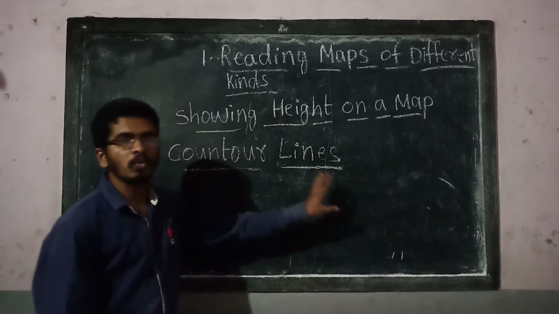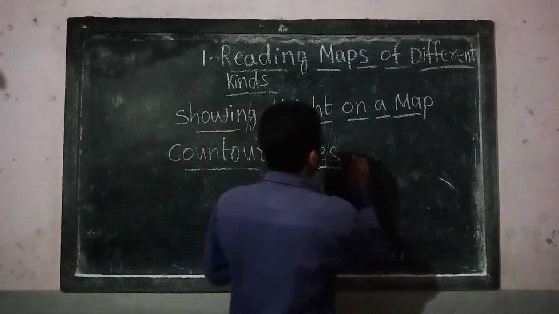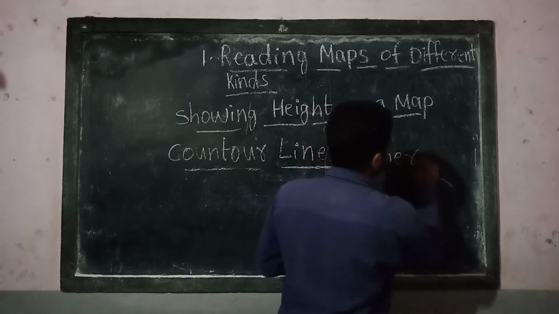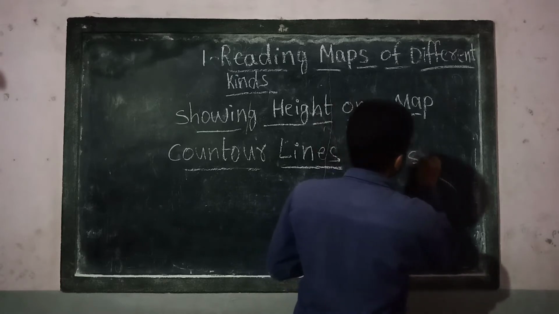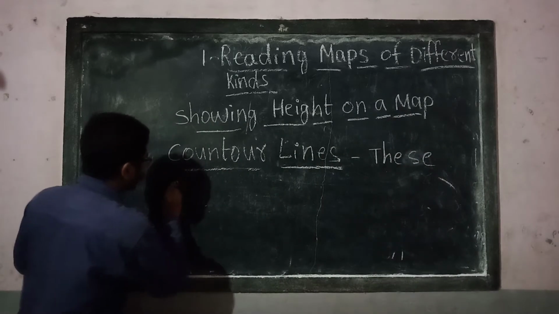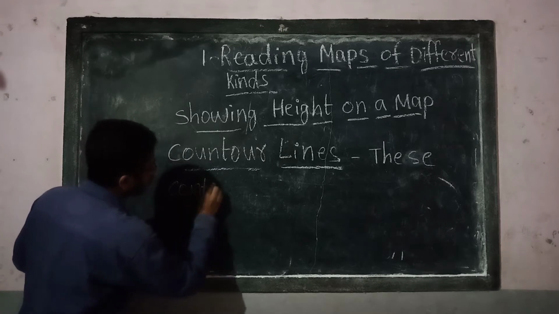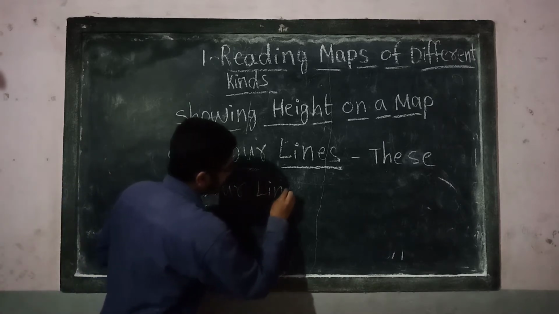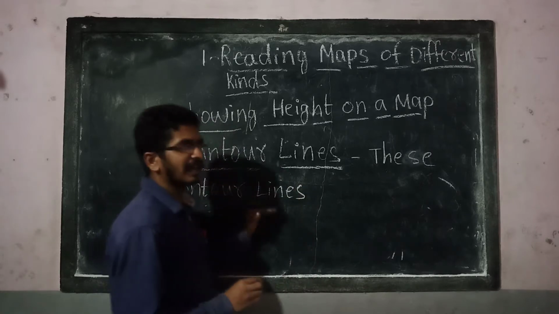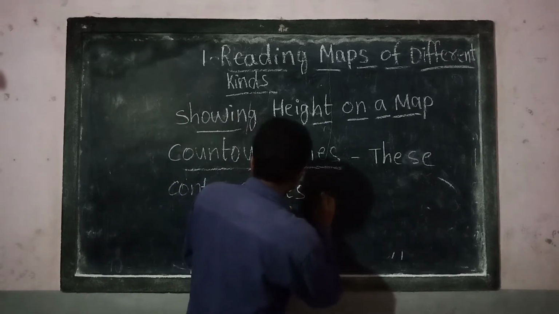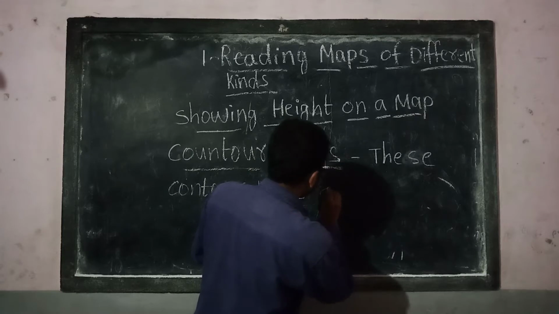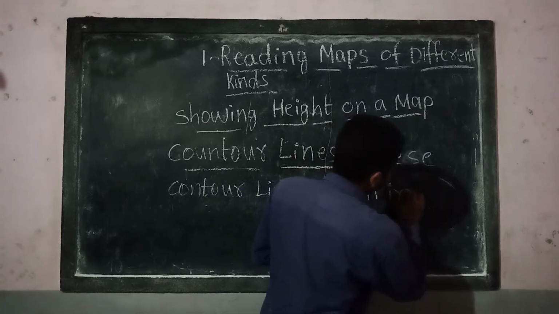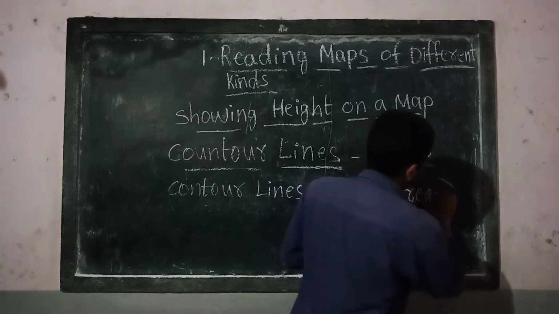They are not in a regular shape, they are in an irregular shape. 6th, 7th, 8th class students should focus. These contour lines are in irregular shapes.